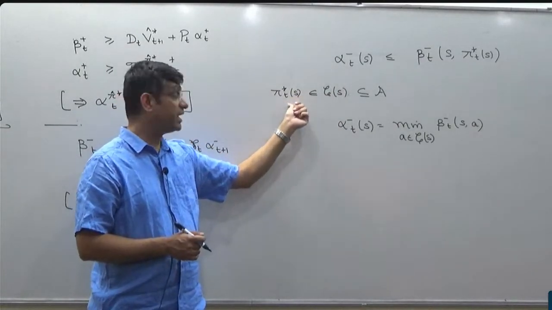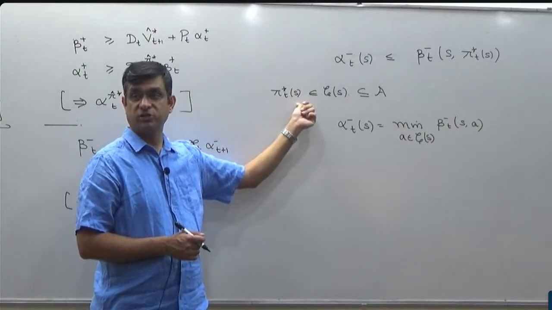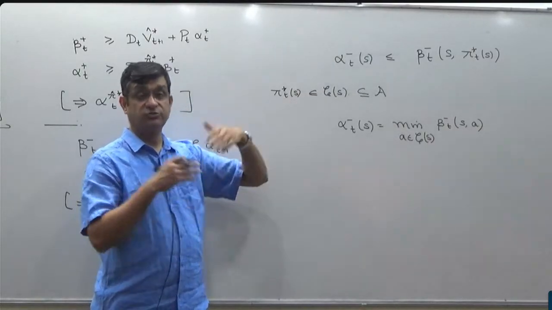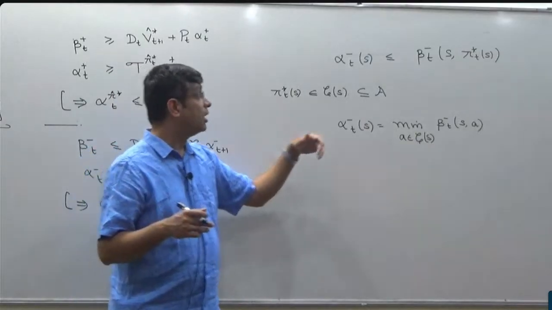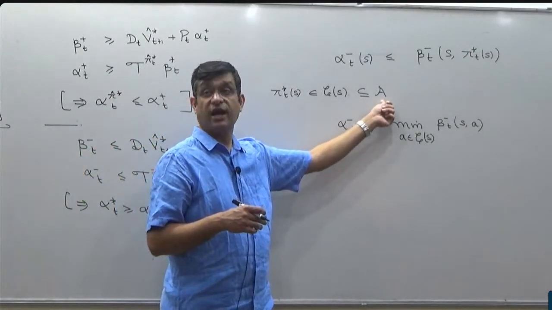In many applications, though, I know the range of the optimal action, which might be smaller than the overall range. In the worst case, I will just take the entire action space.